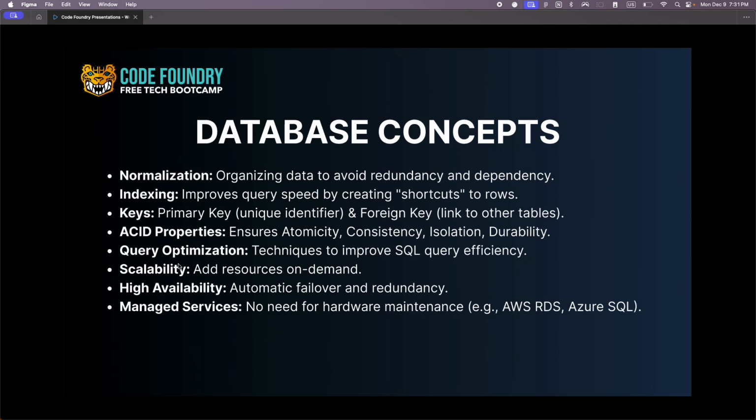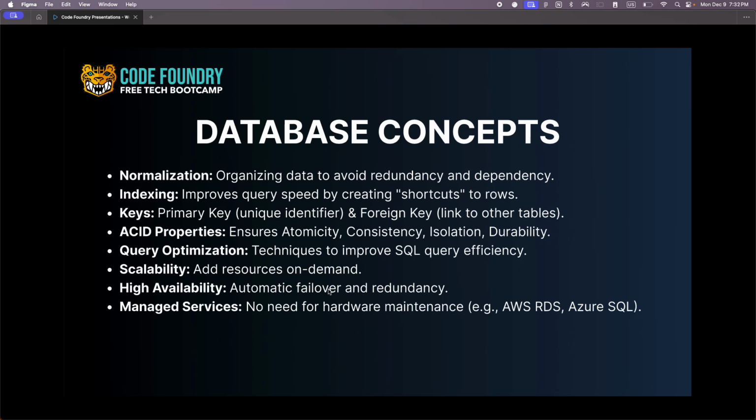So if our database is increasing, we want to increase the amount of space that database exists on demand. And the nice thing about that is a lot of cloud services do it in an unmanaged form or a serverless form, where they will provide the scalability we need without us having to ask them to. High availability, so automatic failover and redundancy, offering the fact that we can access our database from wherever and it will be able to populate very quickly and not fail.